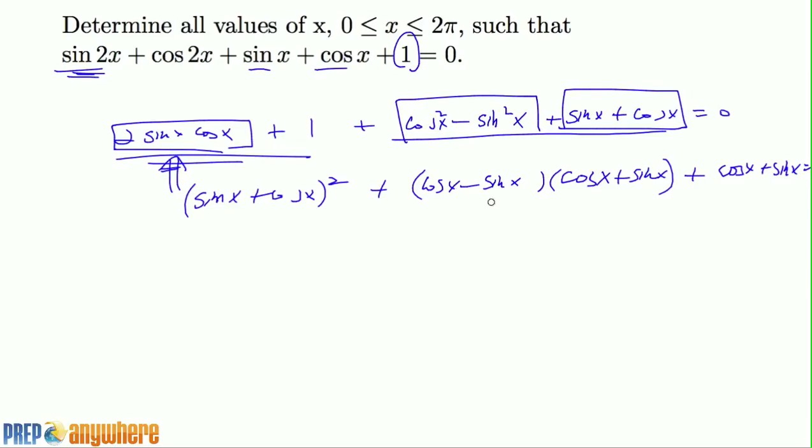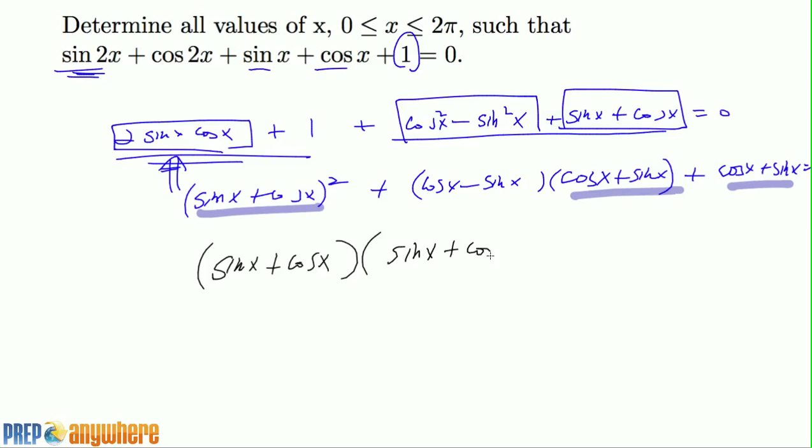So do you see that we can factor out these 2 things from here? We can also factor out from here too. So then let's do that. So we have sine x plus cosine of x is equal to plus 1, right?